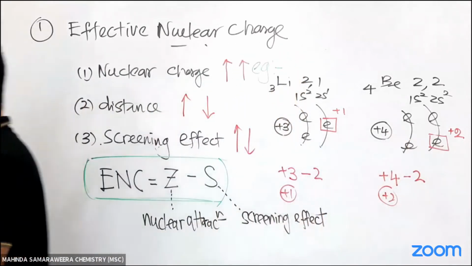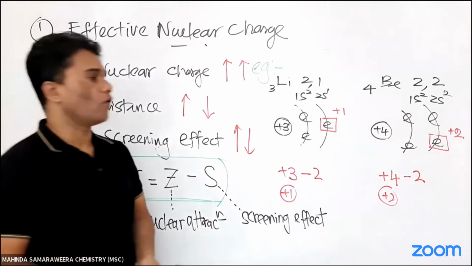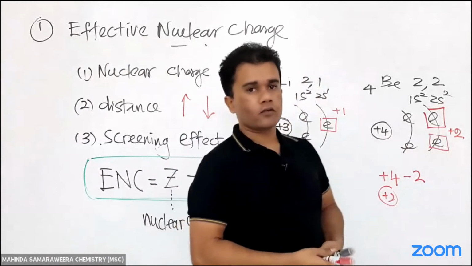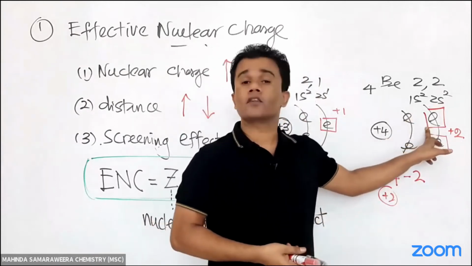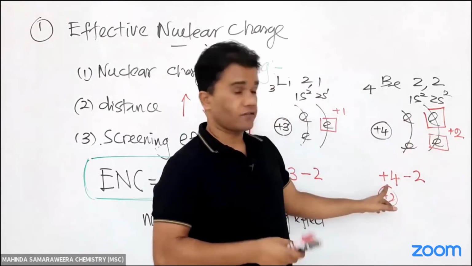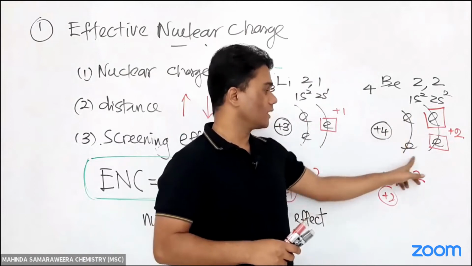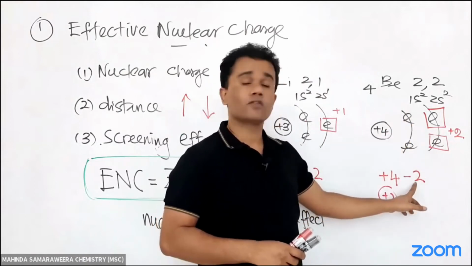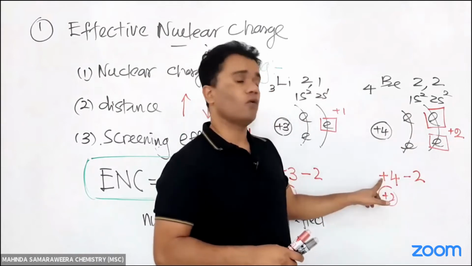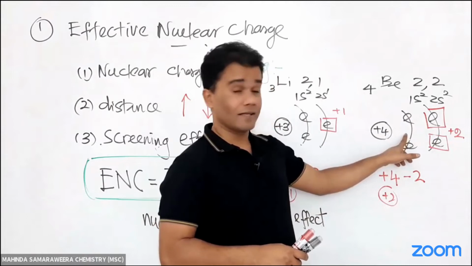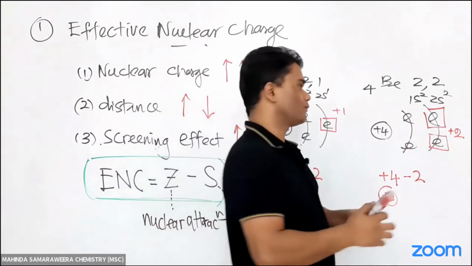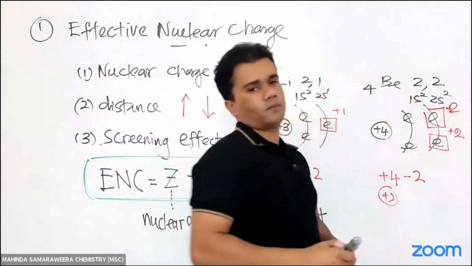Then if I ask you to calculate the effective nuclear charge for this electron, what will that be? Again, we get the nuclear attraction +4, then we take the inner electrons, that means shielding effect, still 2. Then +4 minus 2, it's +2. So for this electron again, it's +2.